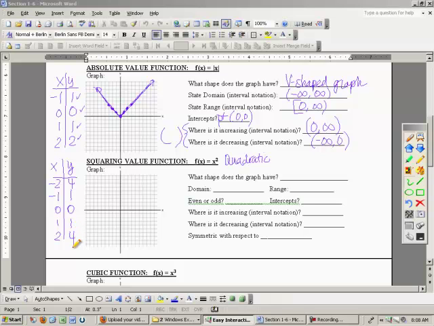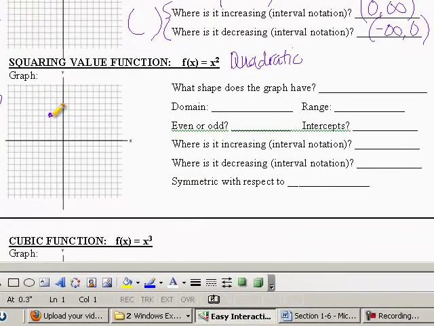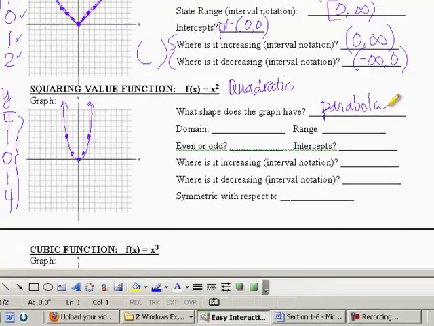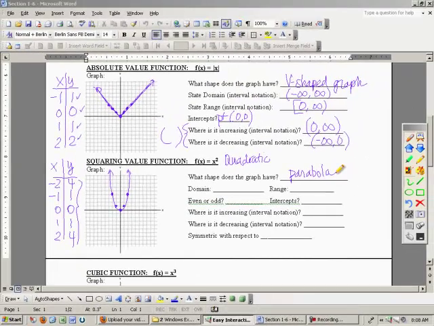And you'll notice this has some symmetry. So let me plot some points. Negative 2, 4. Negative 1, 1. 0, 0. 1, 1. 2, 4. And you'll kind of see the shape. This is a parabola. Let's talk about domain.